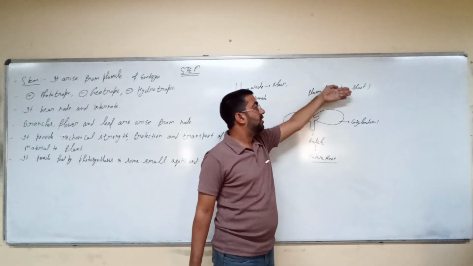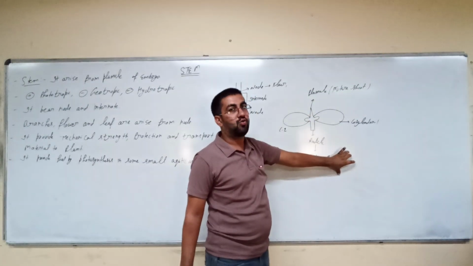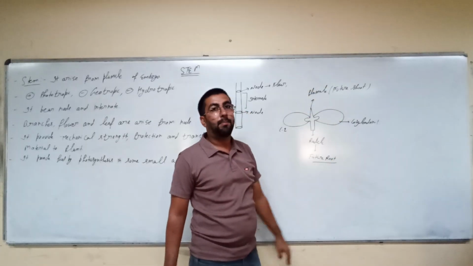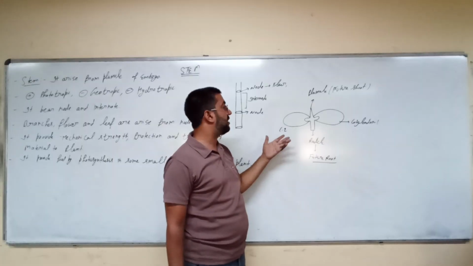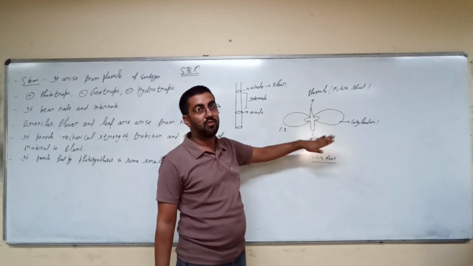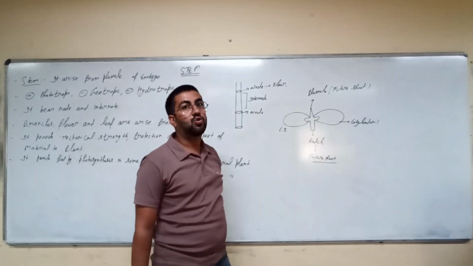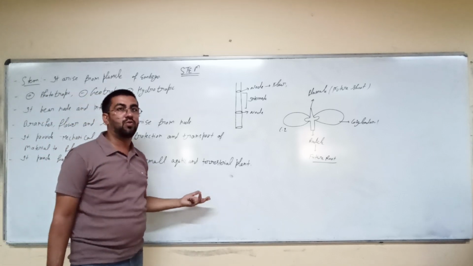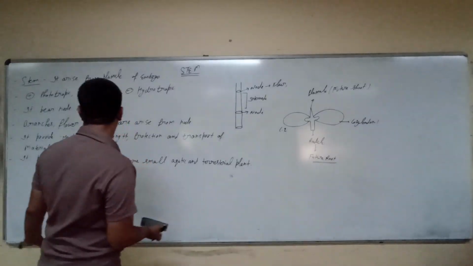The plant has two systems: the shoot system above the soil and the root system below the soil. The stem, leaves, flowers, fruits and branches are present in the shoot system.